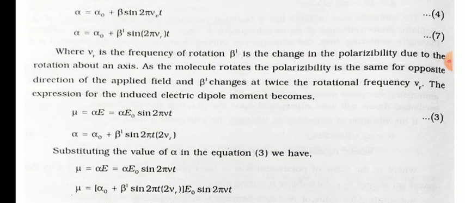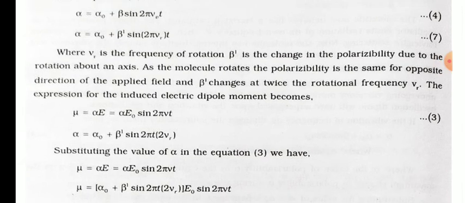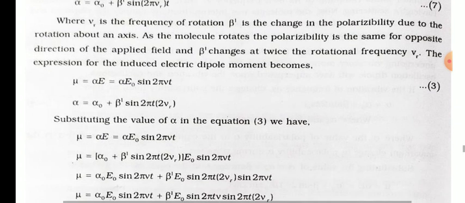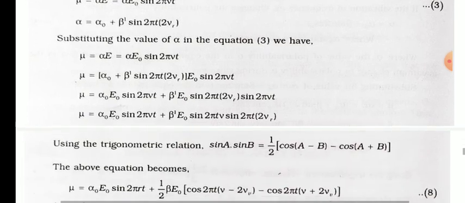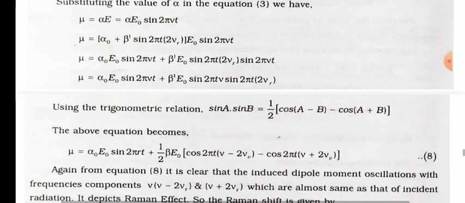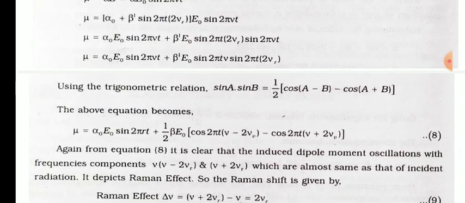The expression for the induced dipole moment becomes mu equal to alpha into E, that is alpha into E naught sine 2 pi nu t. So alpha is equal to alpha naught plus beta dash sine 2 pi t into 2 nu r. Substituting the value of alpha in equation number 3 and simplifying using the trigonometric relation, we finally arrive at equation number 8.